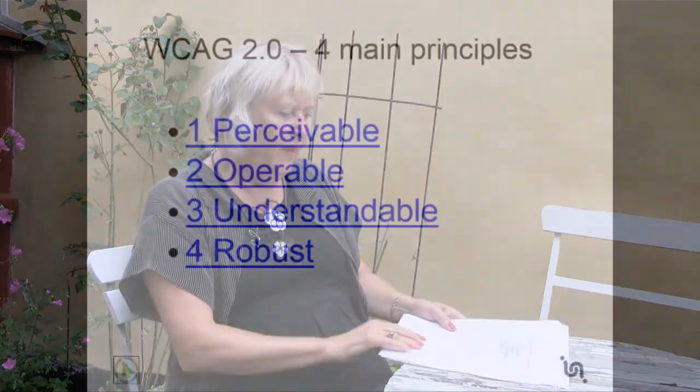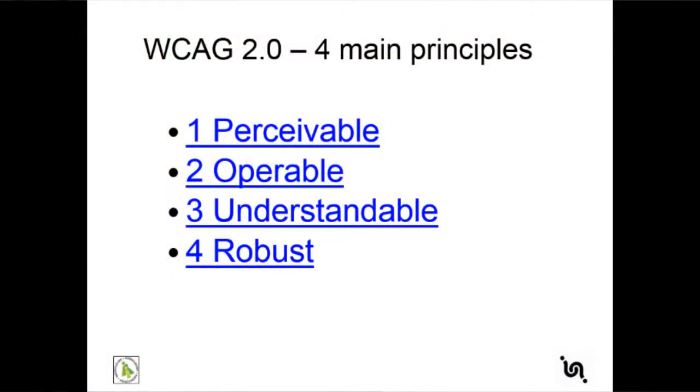We have worked with the WCAG 2. And the WCAG 2 has its four main principles, and we have been looking at number 3, understandable. And it's hard to know what is understandable.